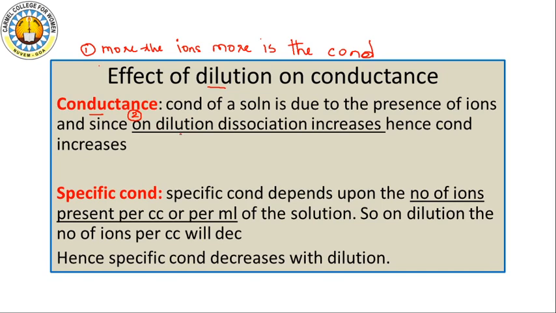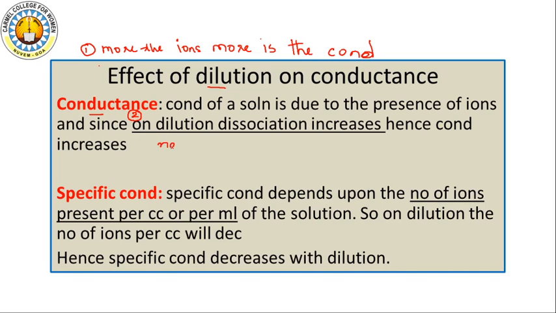What does that mean? What is meant by dissociation? More amount of the electrolyte will dissociate to give you the ions. So when you dilute the solution, if the dissociation increases, what happens to the number of ions? The number of ions will increase.